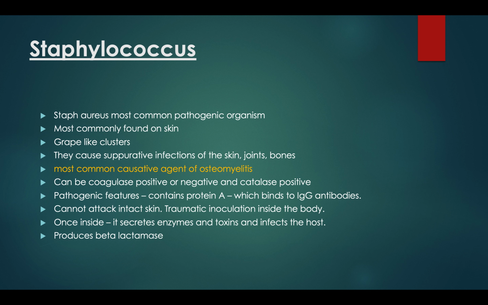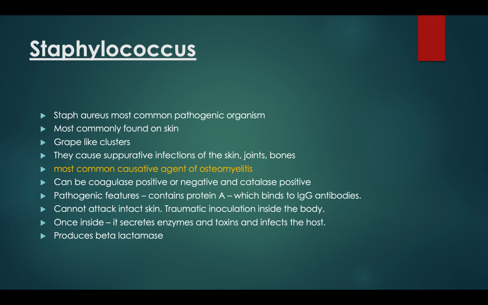Now, it can be coagulase positive or negative. Let me explain in short about coagulase. It is an enzyme produced by the Staphylococcus. There are various types of Staphylococcus: Staphylococcus aureus, Staphylococcus epidermidis, Staphylococcus saprophyticus.